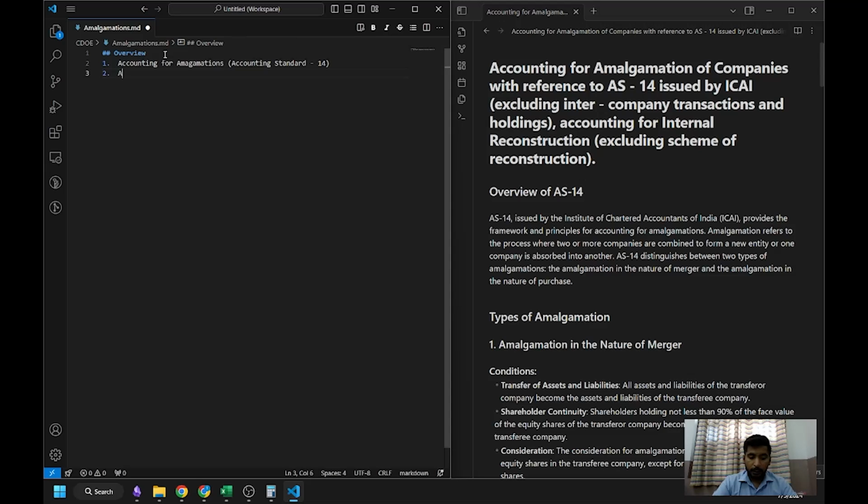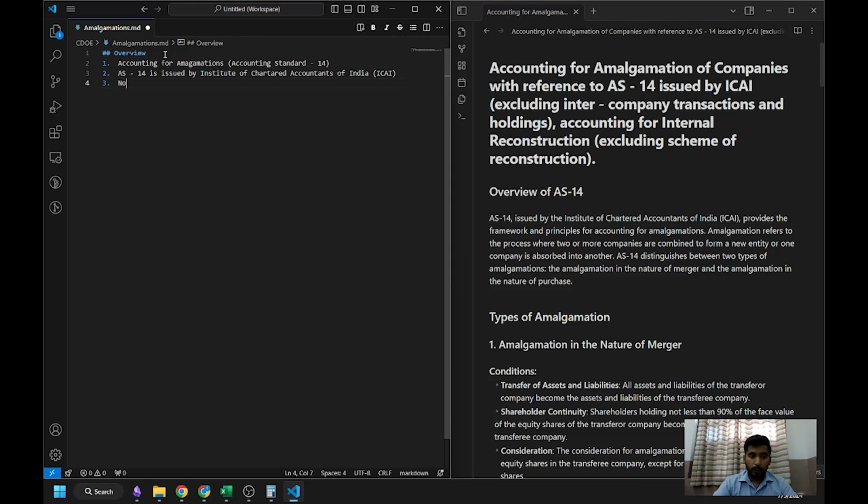AS14 is issued by the Institute of Chartered Accountants of India, also known as ICAI.